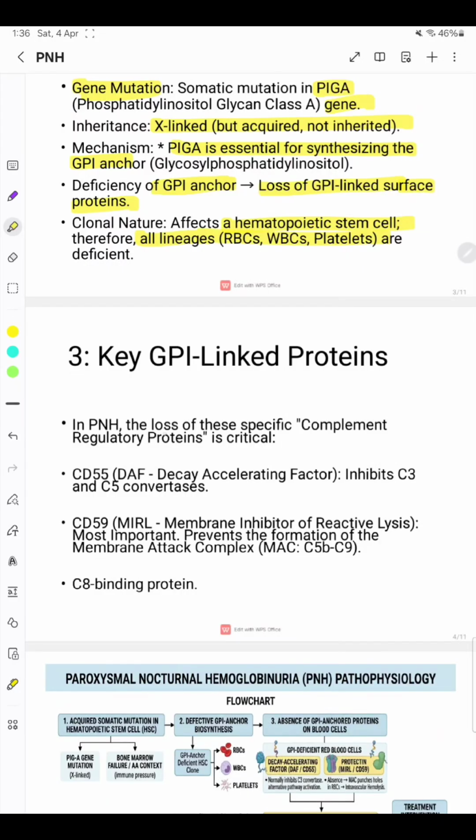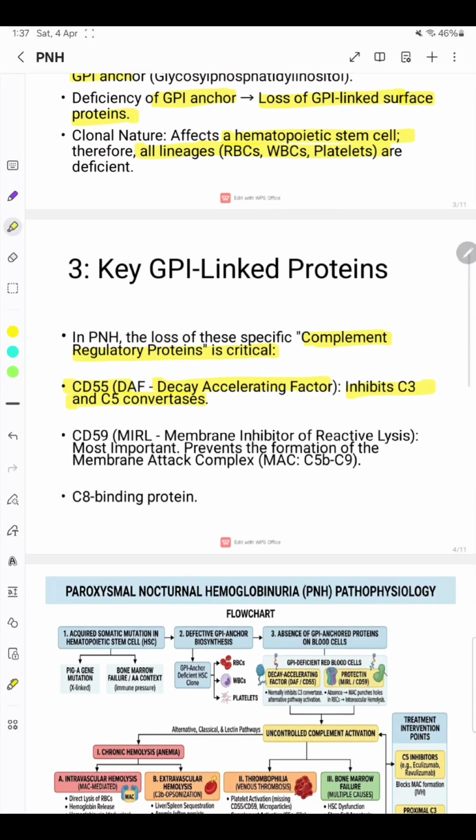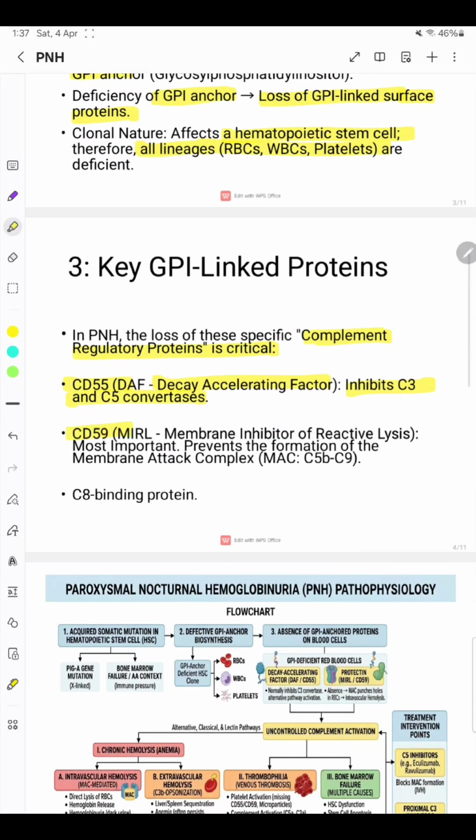In PNH, the loss of these specific complement regulatory proteins is critical. The first is CD55, also known as decay accelerating factor, which inhibits C3 and C5 convertases. CD59, also known as membrane inhibitor of reactive lysis, is the most important GPI-linked protein involved in the pathophysiology of PNH.